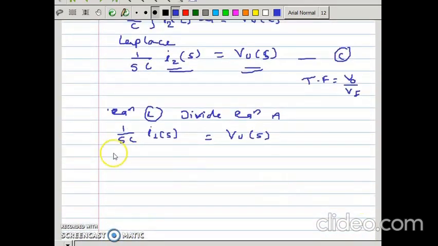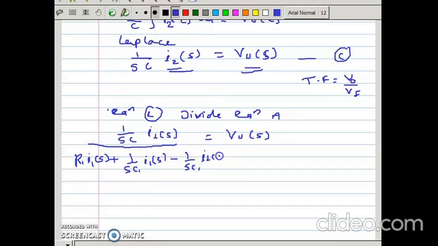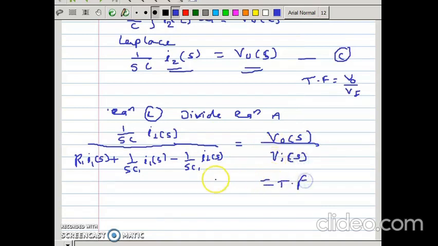So it is divided: R1 I1 of s plus 1 upon sC1 I1 of s minus 1 upon sC1 I2 of s divided by, let's take this here, Vo of s upon Vi of s. So this is your transfer function, and this is the convention.